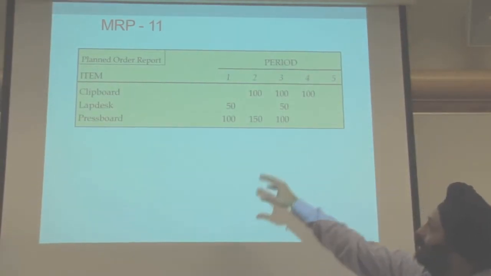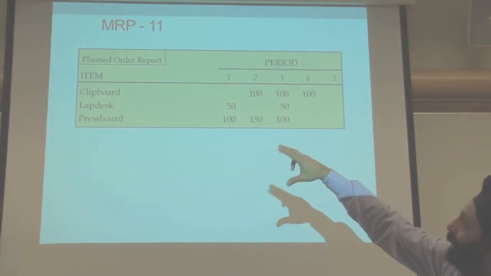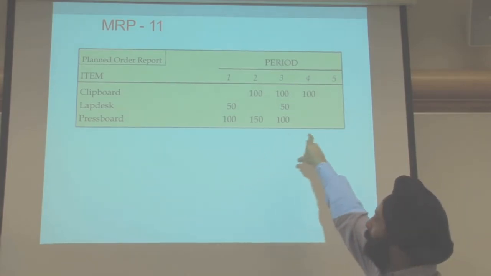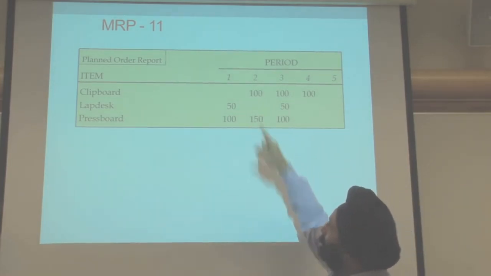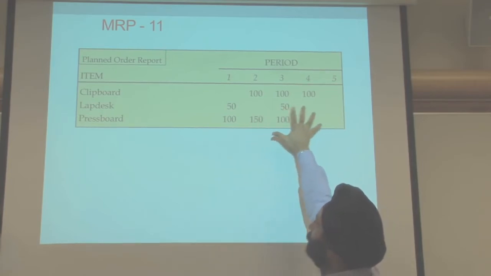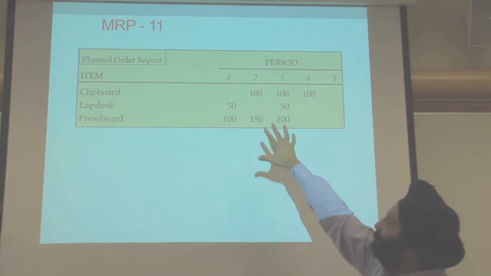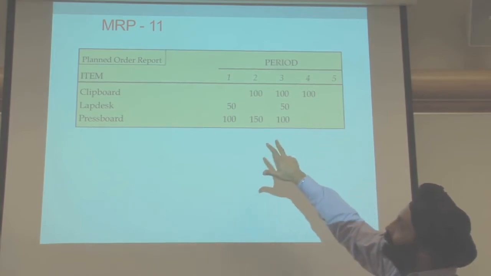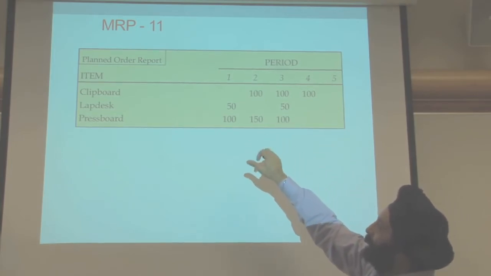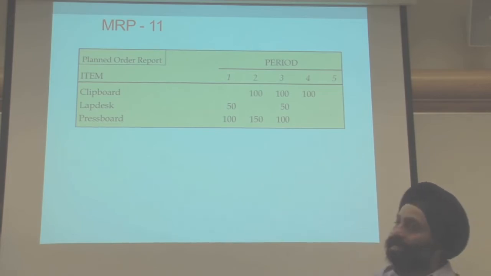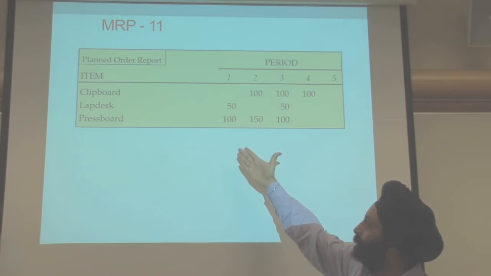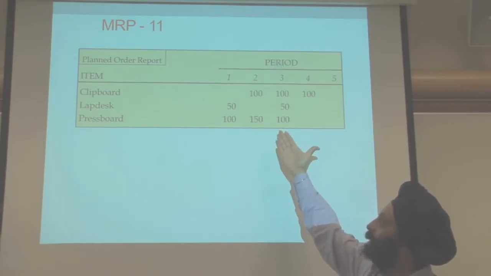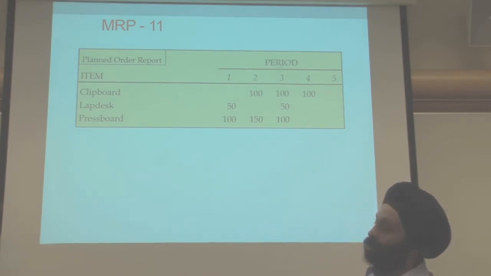We can figure out now, given the planned order report, what we plan on ordering: releasing the order for 100 units of clipboards in periods 2, 3, and 4, and 50 units of lap desk in period 1 and 3, which translates into the release of order for 100 units of press board in period 1, 150 press boards in period 2, and 100 units in period 3.